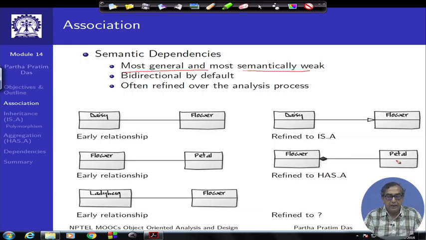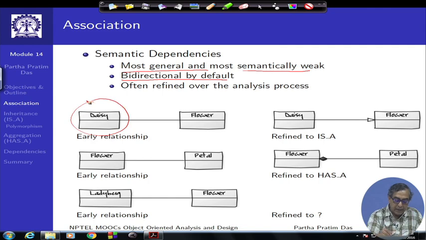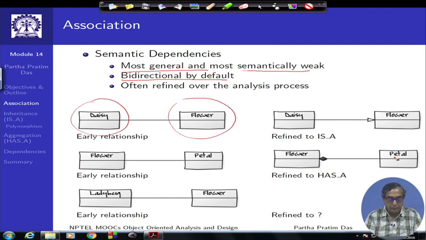Semantically weak in the sense that it does not often need a very strict definition. By default, it is bidirectional in nature. So, we are saying that there is a daisy, there is a flower, so there is a relationship between them. A flower and petal, there is a relationship between them.